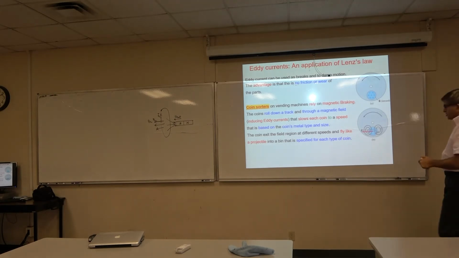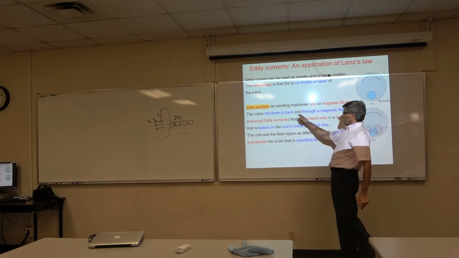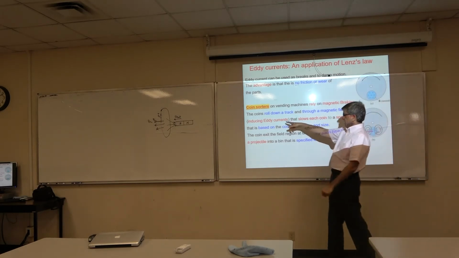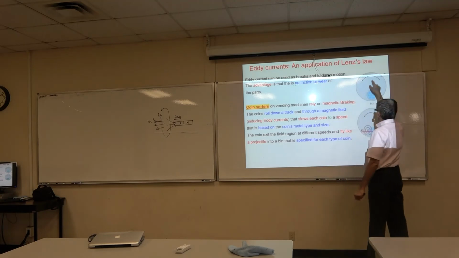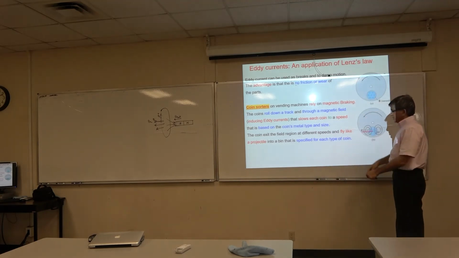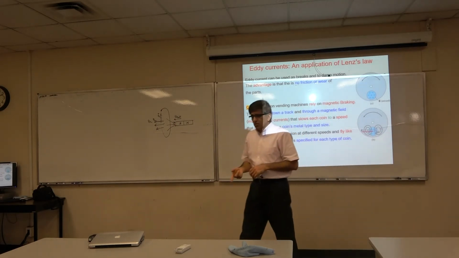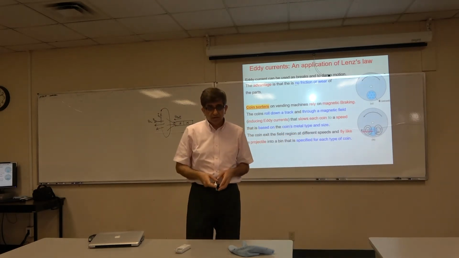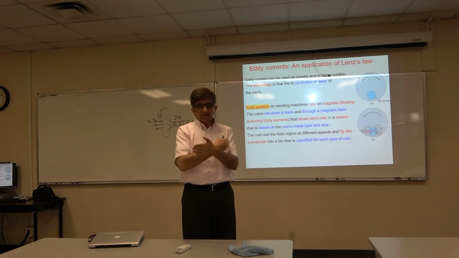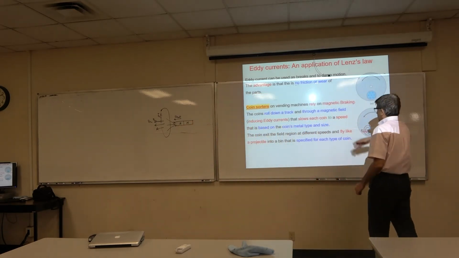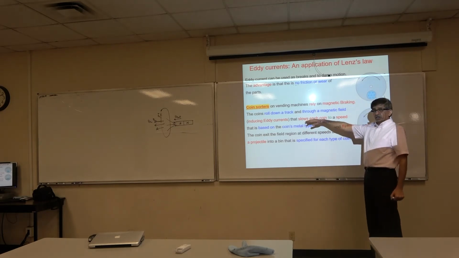There is a system. So when I roll the coin, there will be a magnetic field. As a result, there will be eddy currents produced, inducing eddy currents like this, and this will slow down because when I push the coin into the track, I applied a force. Due to the eddy currents, there will be an opposing force over there, which will be due to the induced magnetic field and the induced currents.